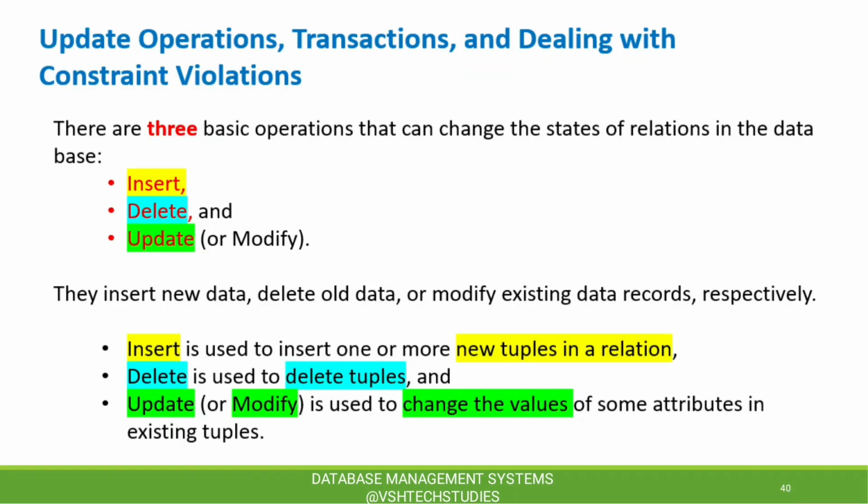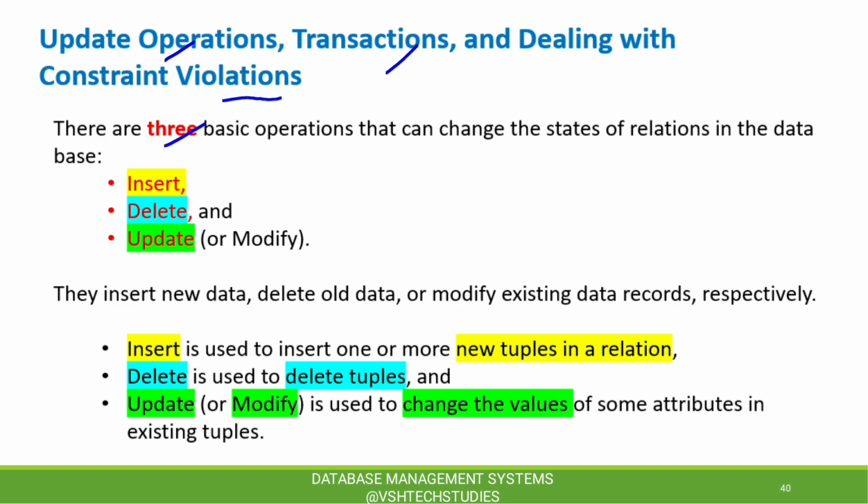So whatever constraints we studied so far, how are they violated when the user does some operations on the database? The user operations can be update operations, transactions, and if any violations occur, how do we deal with them.